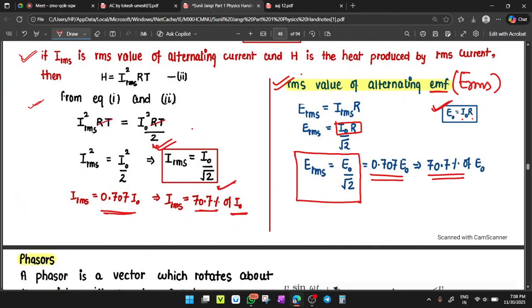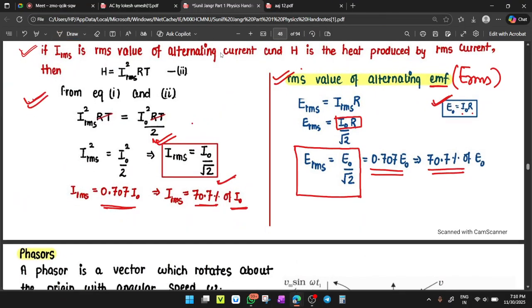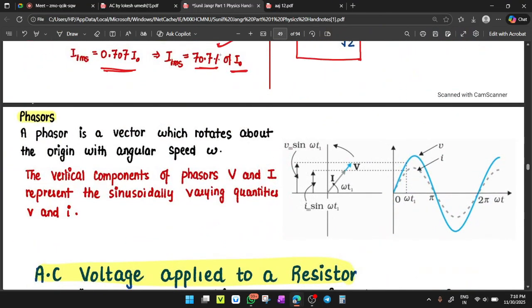Got it? Okay. Our next concept is phasors. What are phasors? A phasor is a vector quantity. A phasor is a vector which rotates about the origin with angular speed omega.